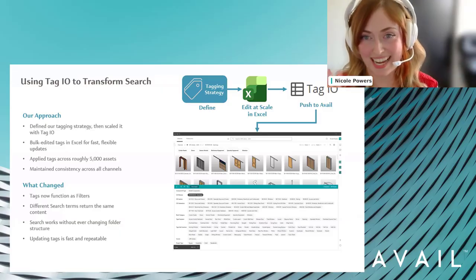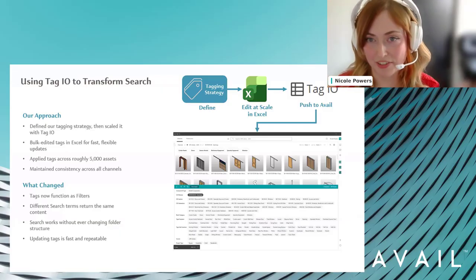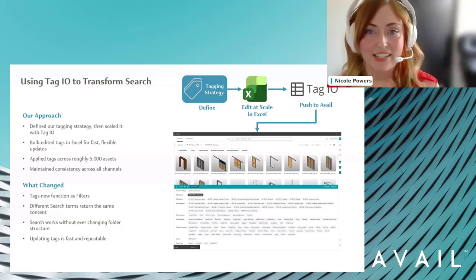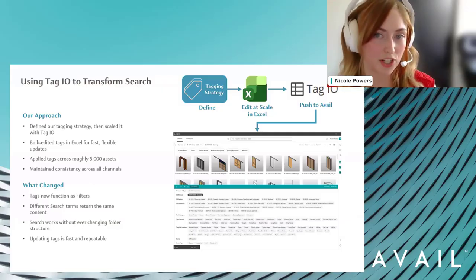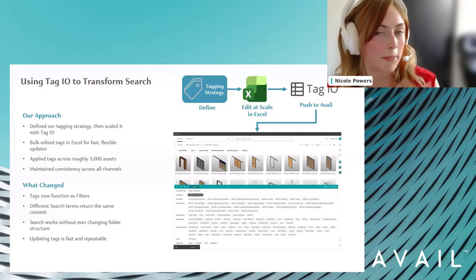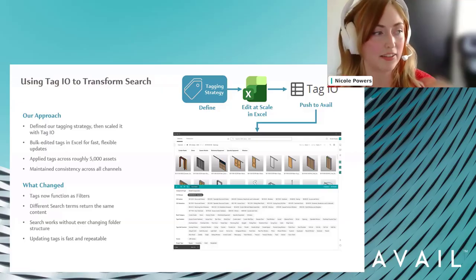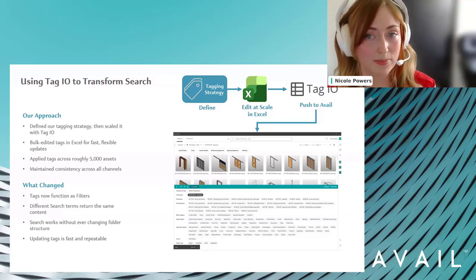We can push those tags out to other channels, because we do have versioned Revit channels for now. So we have consistent search across each of our channels. What changed for us from that point is that those tags act as filters, and we're capturing different search terms that our users might also be using.